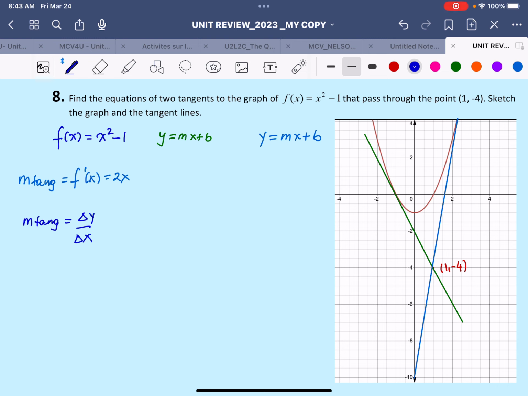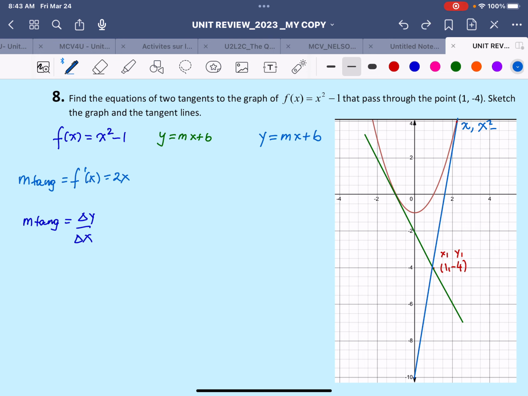Now, let's take a look at what would make delta y and delta x in our case. We're going to call x1 and y1 the coordinates of the given point, and the coordinates of the point of tangency would be represented by any value of x, because we don't know what that is exactly, and the y value would be equal to x squared minus 1.